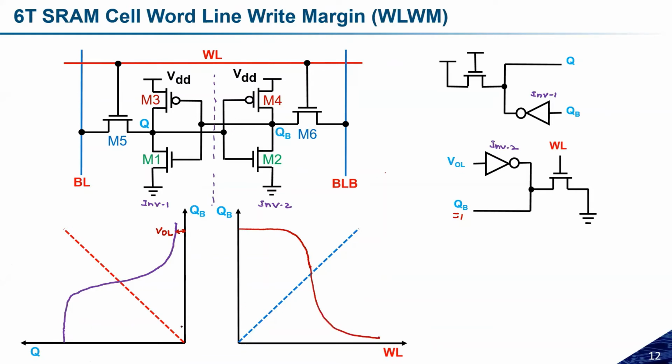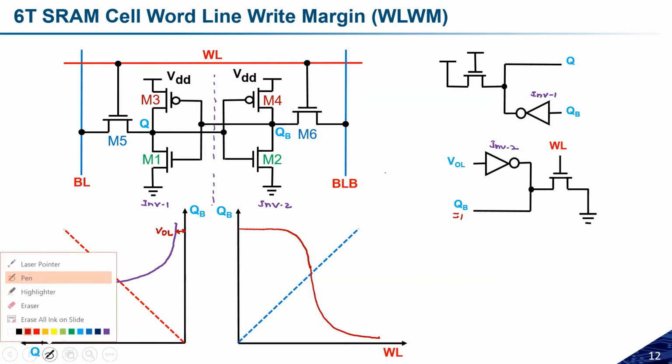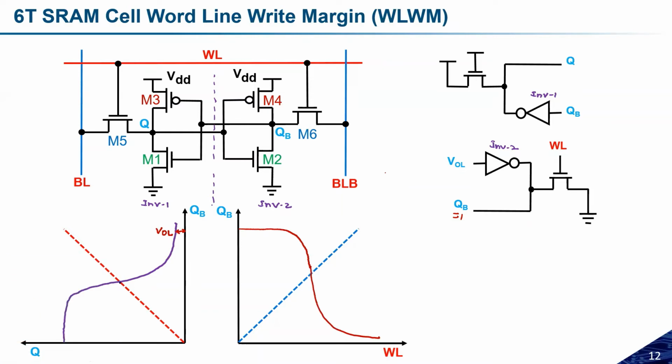We'll observe something like this. Next I have to match the VTL we observed here. VTL is nothing but the lower threshold voltage. I need to match these two things.